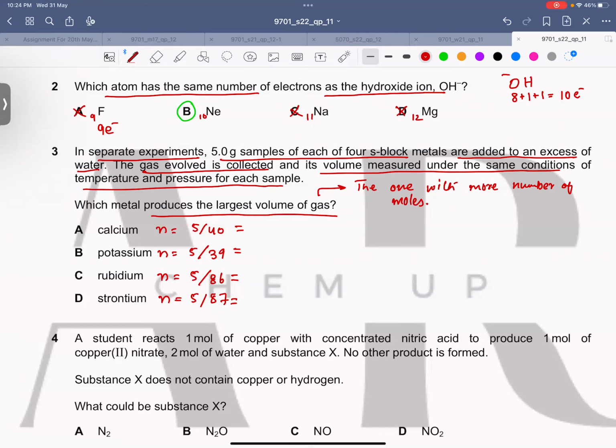Okay, 85.5 for rubidium. Yes, please tell me the values. 0.124 moles. Then 0.128, 0.0581, 0.0574.